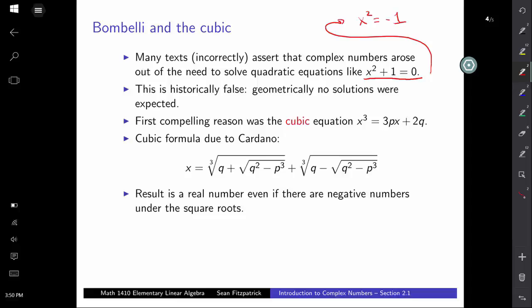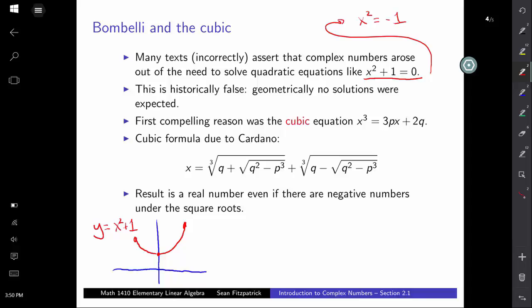So if I take y equals x squared plus 1 and I plot it in the Cartesian coordinate system, you get a parabola opening upwards with its vertex here at 0, 1. And so there are no x-intercepts. It doesn't cross the x-axis, so the fact that there were no solutions to an equation like x squared plus 1 equals 0 made perfect sense. There shouldn't be, because the graph doesn't cross the axis.